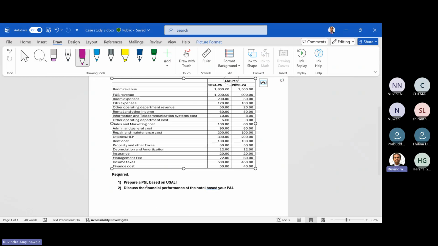Required: prepare a P&L based on USALI. Discuss the financial performance of the hotel based on your P&L.